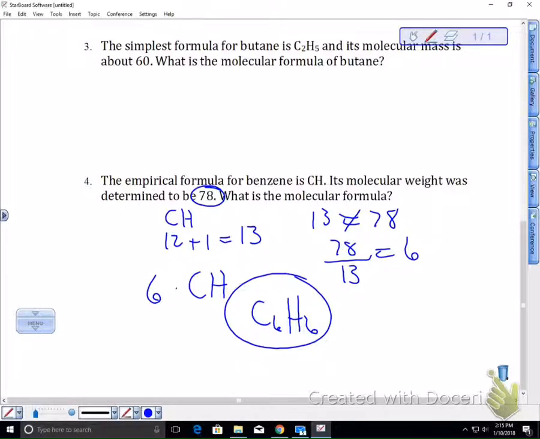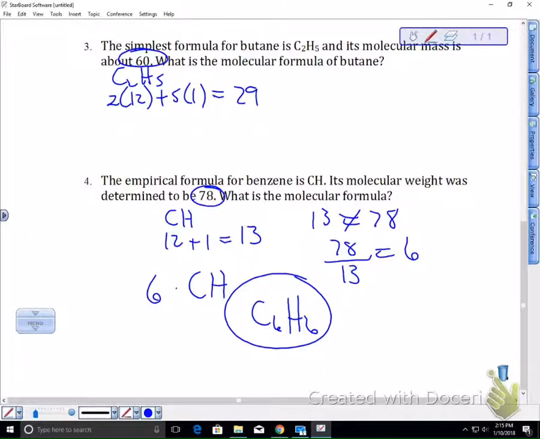Alright, now in number 3 we have butane. So let's add up the mass of C2H5, our empirical formula as it's given. So that's 2 times 12 plus 5 times 1, and that equals 29. Okay, we're told that the molar mass, molecular weight of this compound is 60.